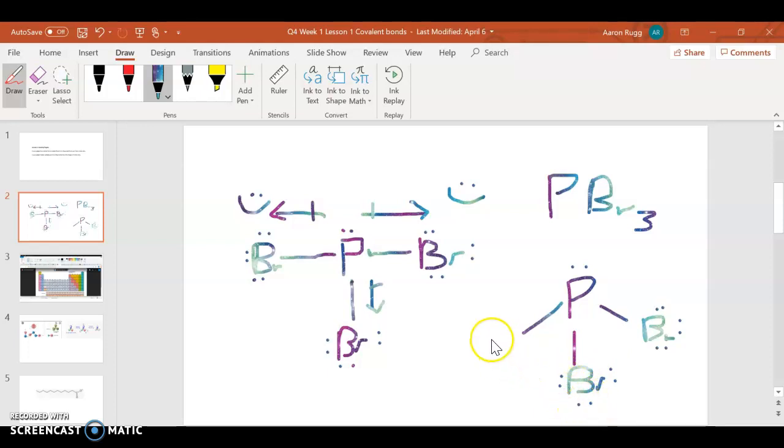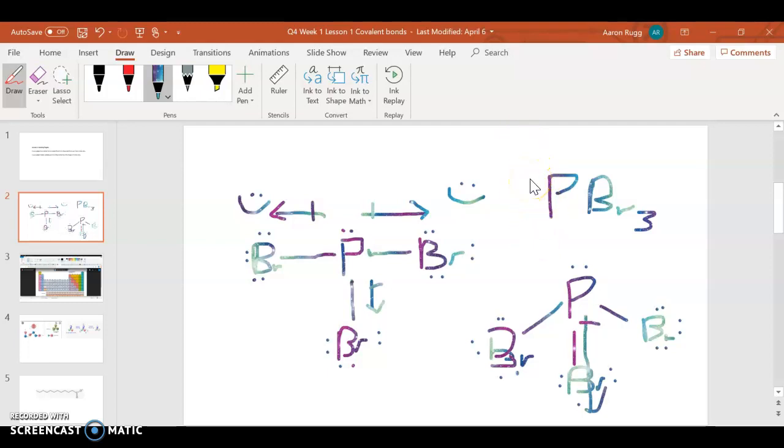So if we look at these arrows that I drew for the bonds going towards the more electronegative atom, what does that tell you? They're all pulling this way. Their overall pull is going to be down and away. That means it's a polar molecule, right? The forces of electronegativity go in a specific direction. It's the same with water, right? The more the electrons are around the oxygen atom, okay?